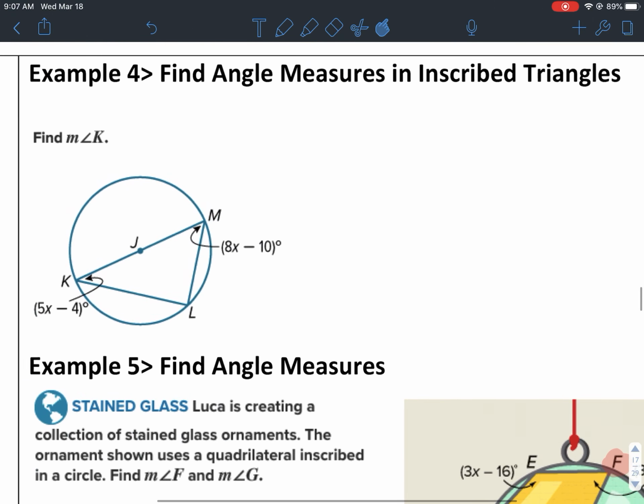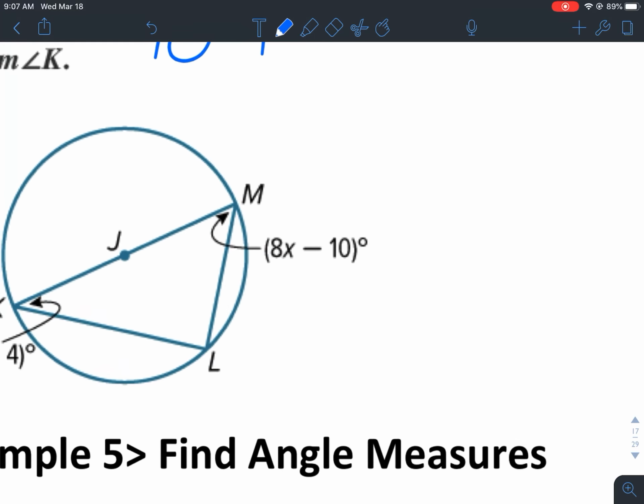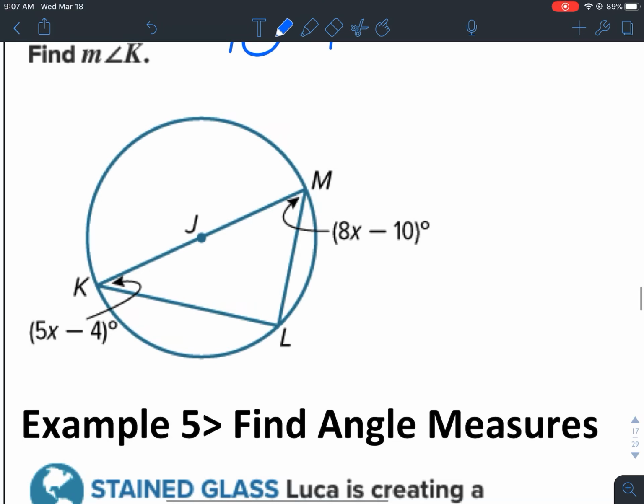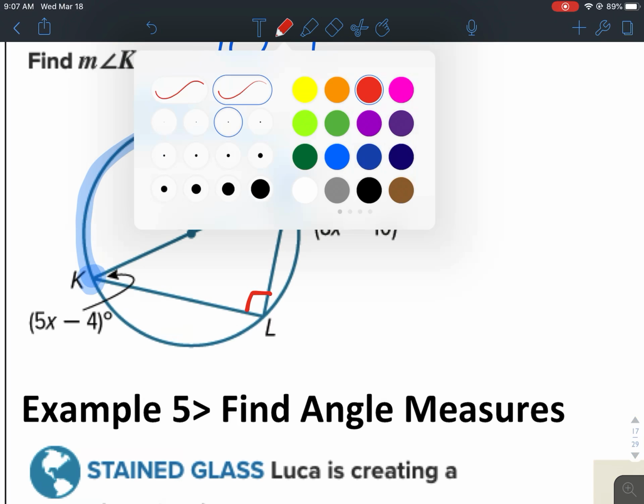Again, this is related to theorem 10.9, which states that if you have an inscribed triangle where the legs of the triangle are intersecting the diameter, we know that this is going to be 180 degrees because that's a semicircle, so therefore the inscribed angle formed is going to be 90, so angle L is 90 degrees. Based off of that, we can write an equation.